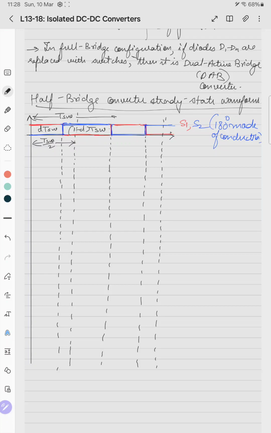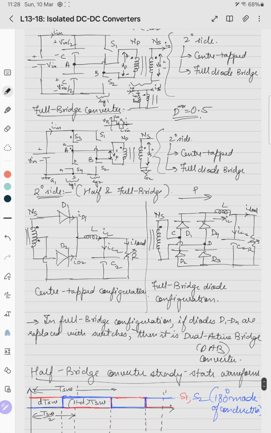So after drawing this waveform, we'll go to the switches side.